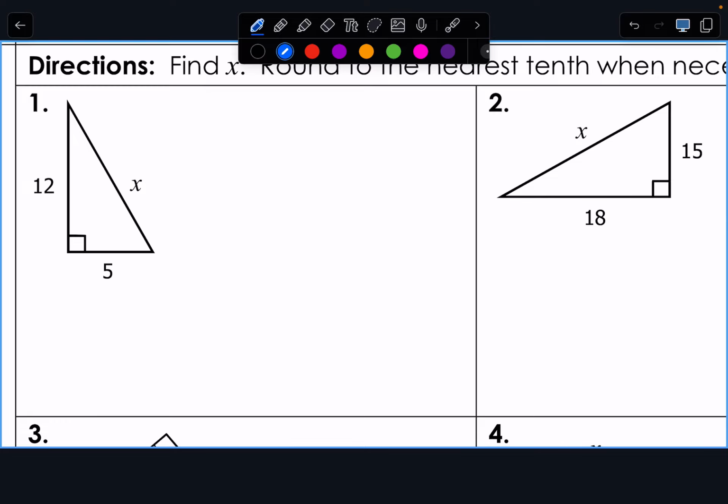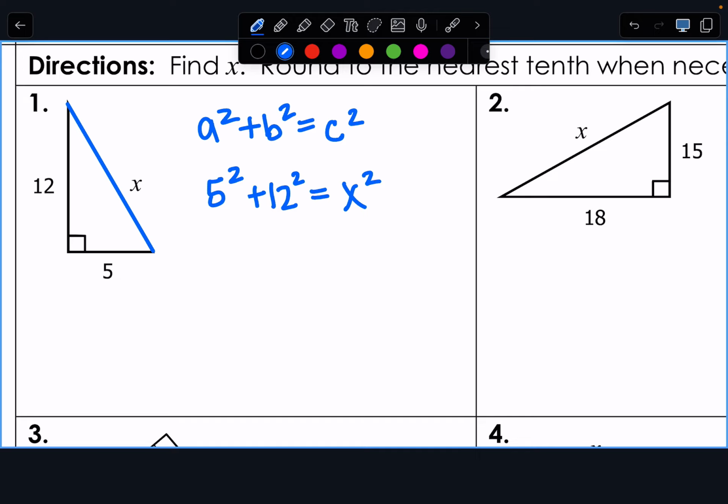Okay, what is the missing side, a leg or the hypotenuse? Okay, so we know that we are trying to find the hypotenuse. So when we use a squared plus b squared equals c squared, 5 and 12 are our legs, and x is our hypotenuse.